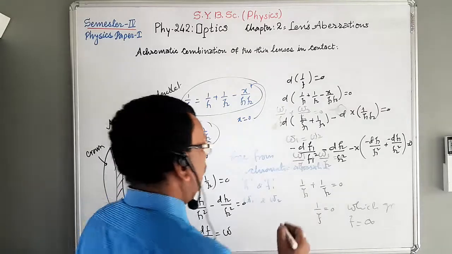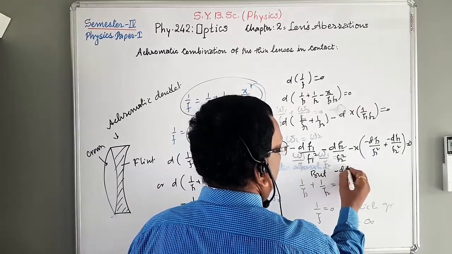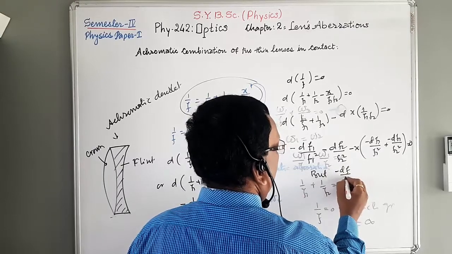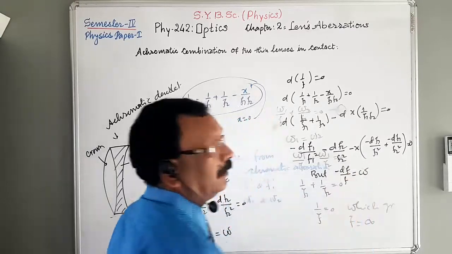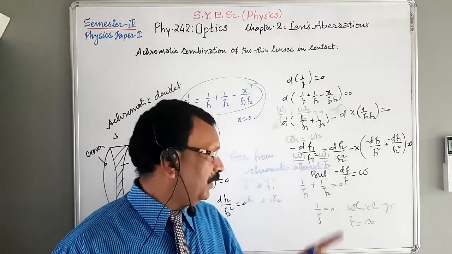Again, minus d f upon f is equal to omega, the dispersive power, which is always positive.